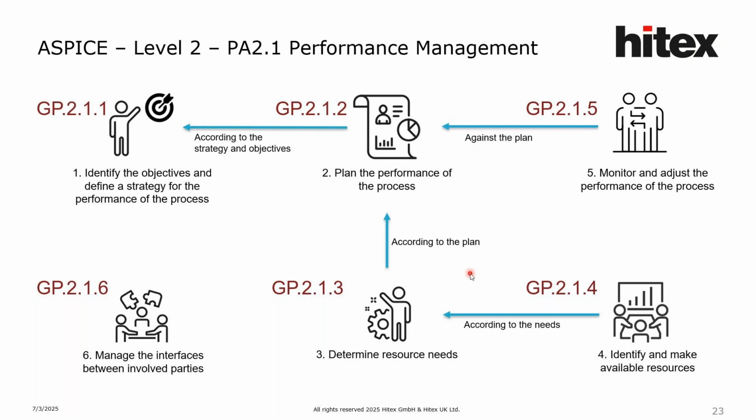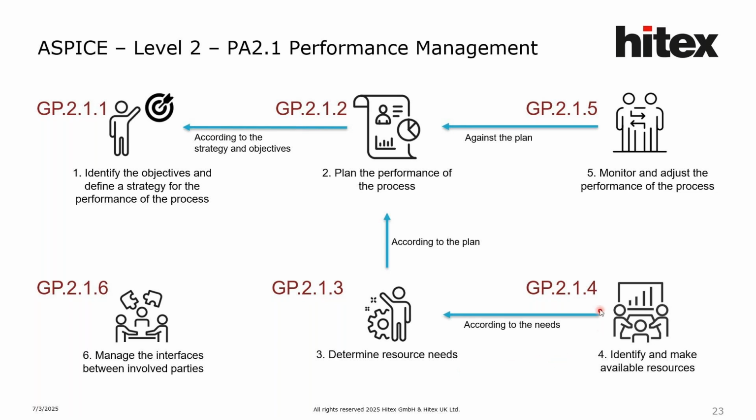Then the third one: determine what resources are required in order to meet the identified goals. Here, resources are not only human resources; you need the tools, licenses, software, the skills, everything. You need to identify this.